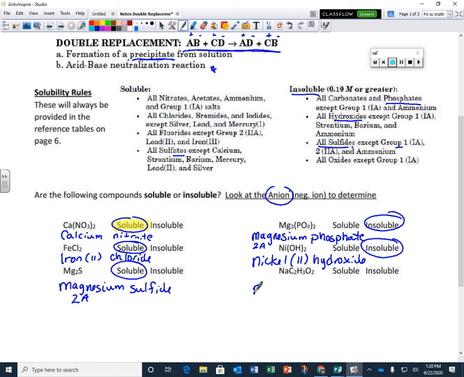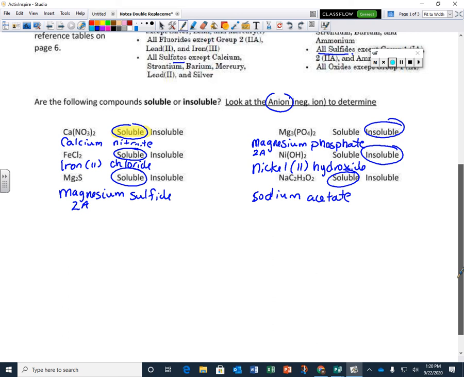This compound is called sodium acetate. All acetates are soluble, no exceptions, so this compound is soluble. So that is how you use the solubility rules to predict the precipitate in a double replacement reaction.